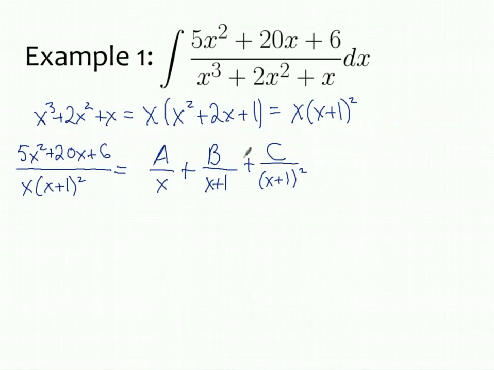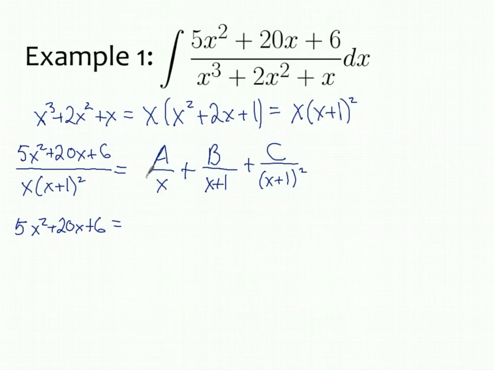Now my advice to you at this point is to clear the fractions. We're going to multiply by the denominator, x times (x plus 1) squared, or x cubed plus 2x squared plus x if you prefer. We multiply both sides by the denominator, and we get the original numerator, 5x squared plus 20x plus 6, equals, and now I'll cancel the factors that appear in the denominator of each individual term.